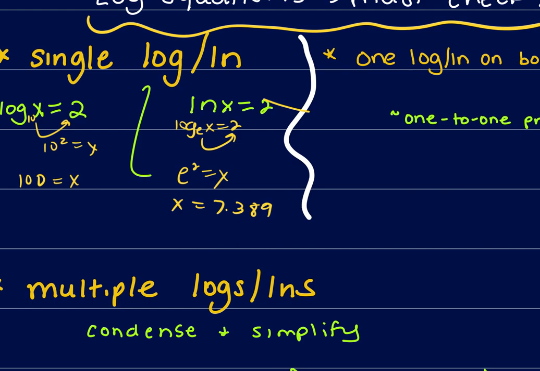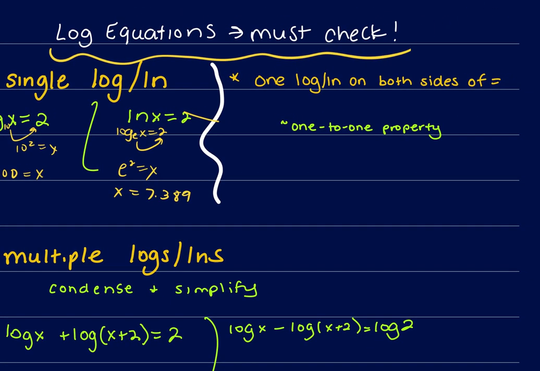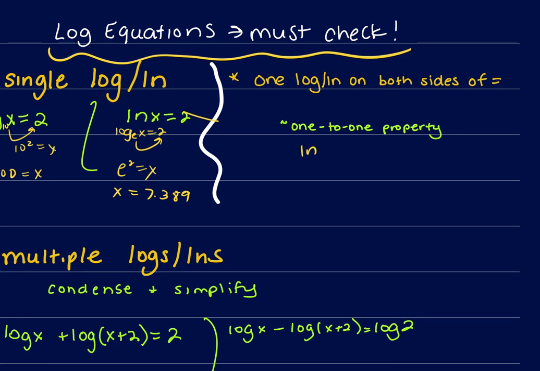If there's one log or ln on both sides of the equation, you use your one-to-one property there. So like an ln of x equals ln of 2x plus 3, something like that. I could say x equals 2x plus 3.